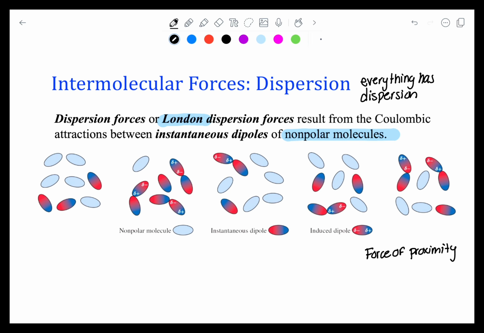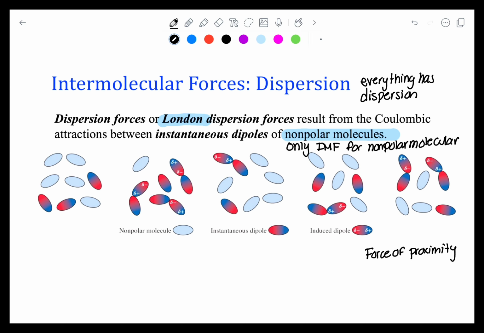Now, every molecule technically has dispersion because they're all within proximity to each other, except this is specific because this is the only intermolecular force for nonpolar molecules. If we're looking at polar molecules, yes, they have dispersion, but that's not the strongest intermolecular force between two of those molecules, because dipole-dipole interactions are stronger than dispersion.